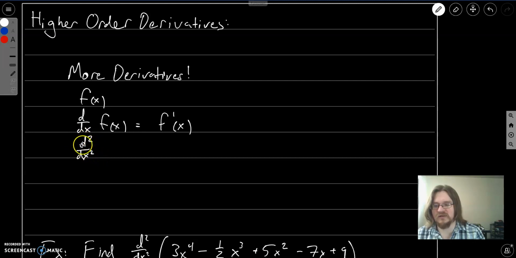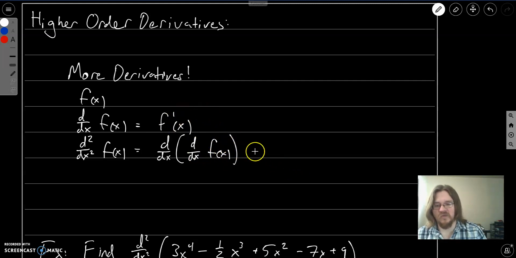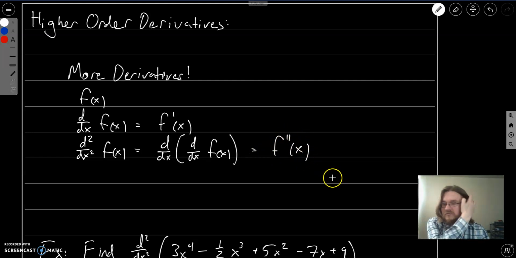We can write d squared by dx squared, and that means that we're taking 2 derivatives here. So one way to think about this is I'm going to be taking the derivative of the derivative of f of x. Using the prime notation, we can just write f double prime of x.